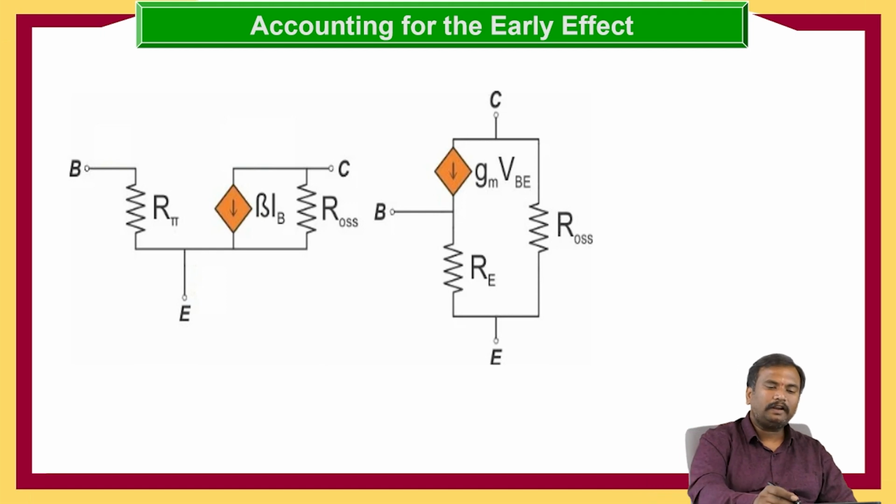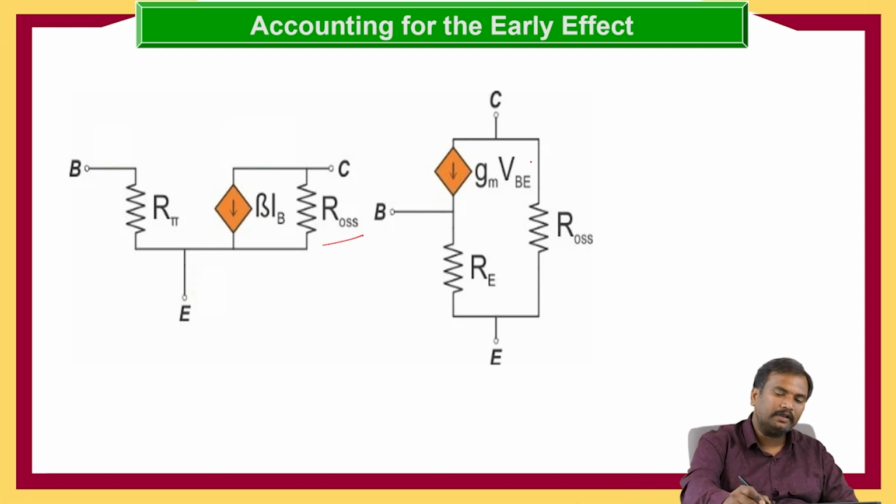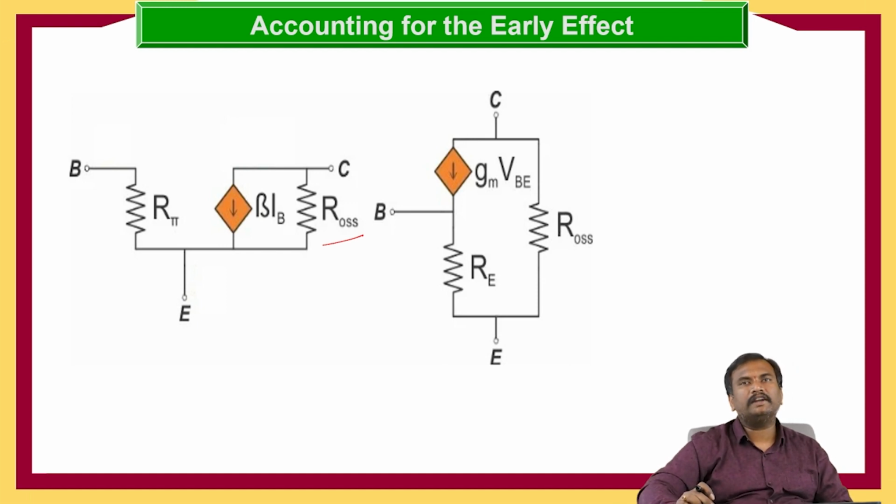Here, across the current source, we are placing a ro, that is the resistance which is connected, and this resistance will provide a path for the current flow that will reduce the complete collector current. And here is another type, where it is connected completely in parallel to both the current source and the emitter resistance.